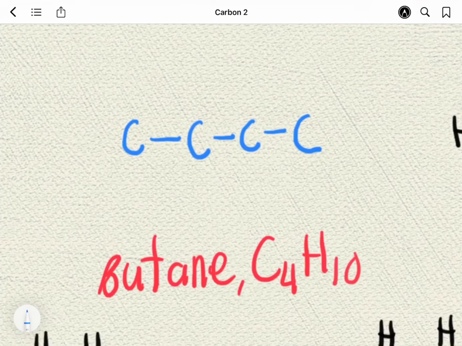And each of the vacant bonds will be bonded to hydrogen. So we will draw hydrogen around the vacant bonds.